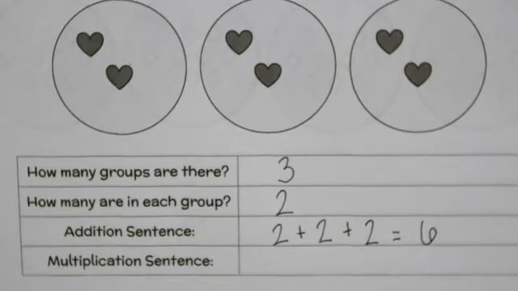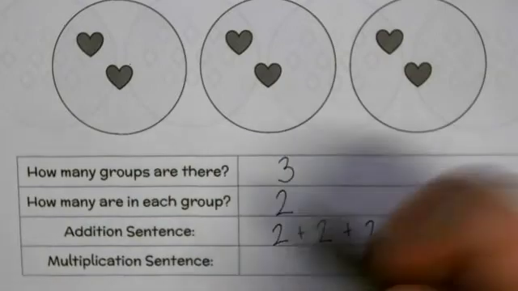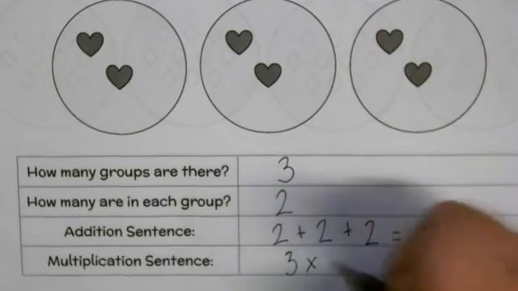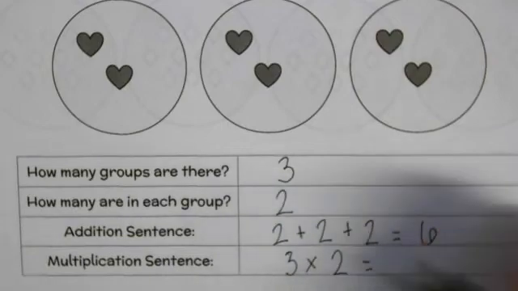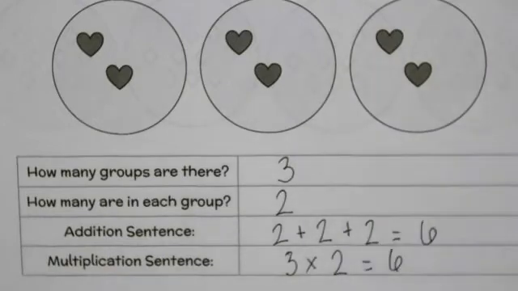And the multiplication sentence would be how many groups? 1, 2, 3. 3 groups of 2 equals 2, 4, 6. So 3 times 2 equals 6.